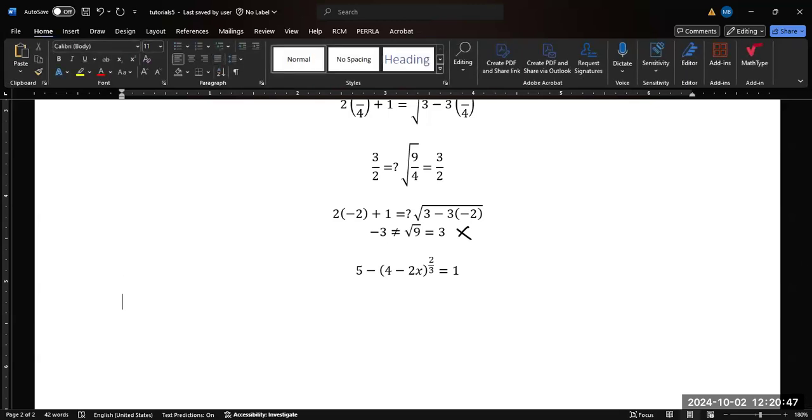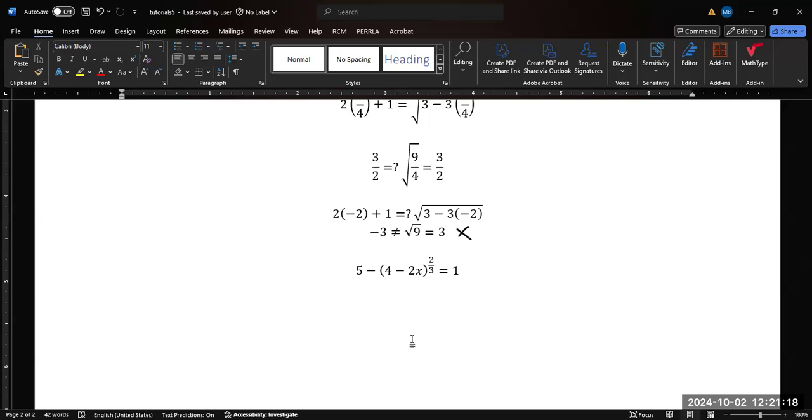Now, this initially is a cube root, but that square in the numerator of our power is going to make this a little bit more complicated than just a cube root by itself. Anytime you have an even number in an exponent, you're going to have to deal with either losing sign information or having two solutions, plus and minus values. So that's just something to keep in mind when you're doing this problem.